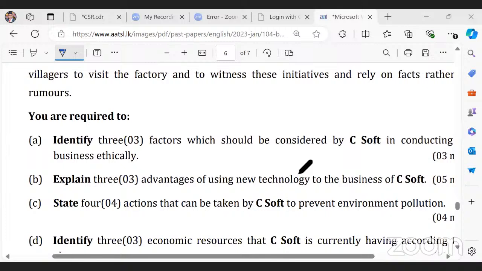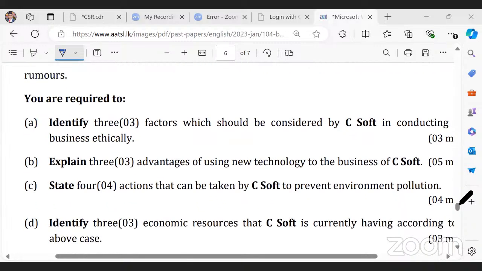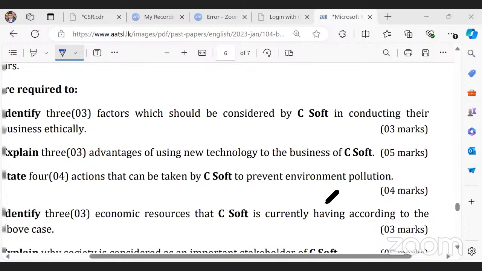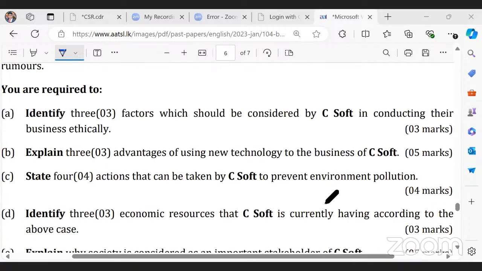Right. A company involved in fruit business, and there is certain information as given, right? Identify 3 factors which should be considered by the Seasoft in conducting their business ethically. Ethics. We can explain ethics towards customers, ethics towards suppliers, ethics towards competitors, right?